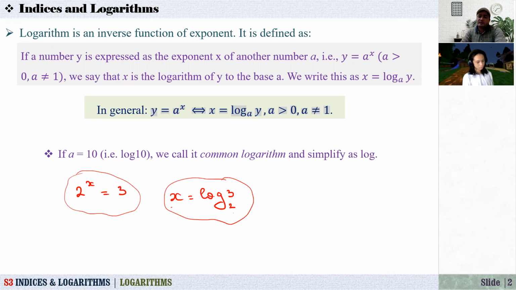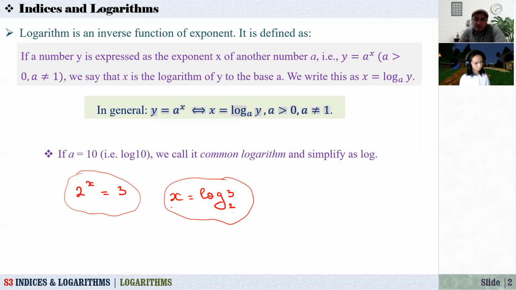Based on this definition, we can have some properties. If a number y is expressed as the exponent x of another number, like y is equal to a to the power of x, of course here a must be greater than 0 and a is not equal to 1. Why is it so?